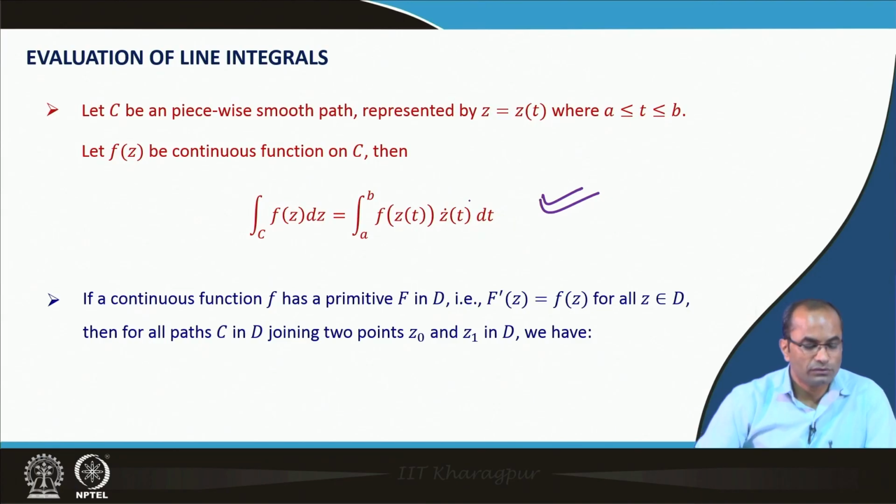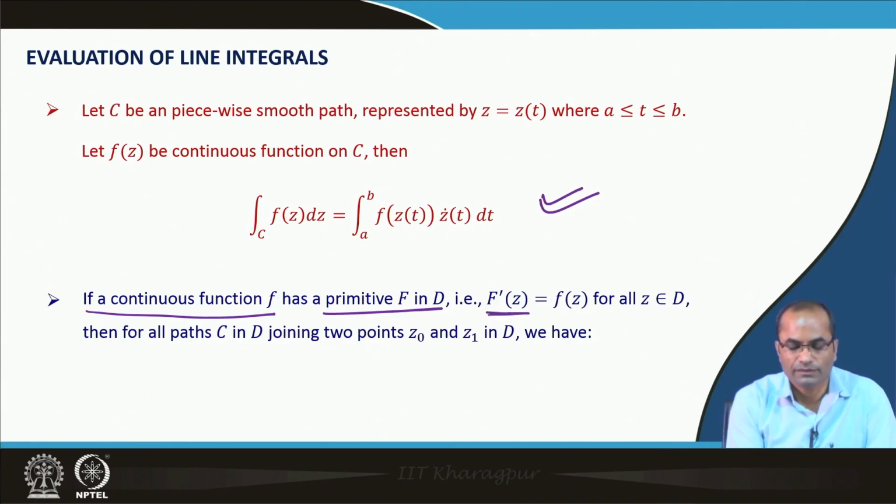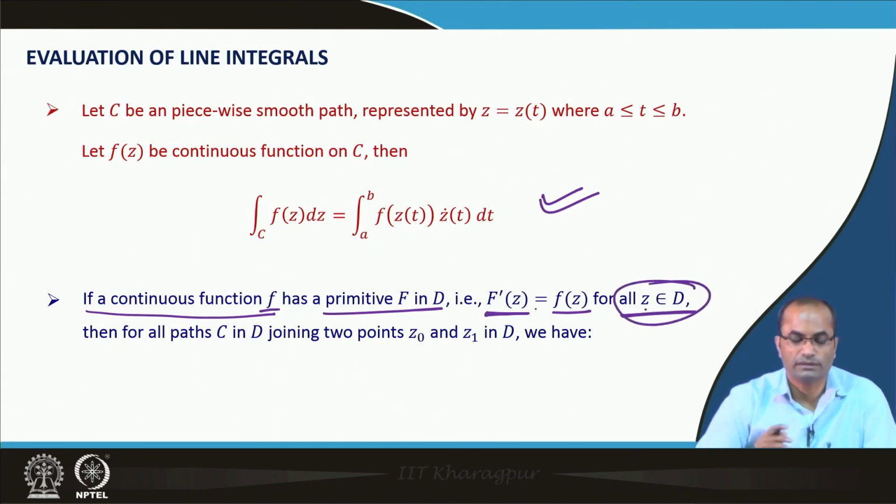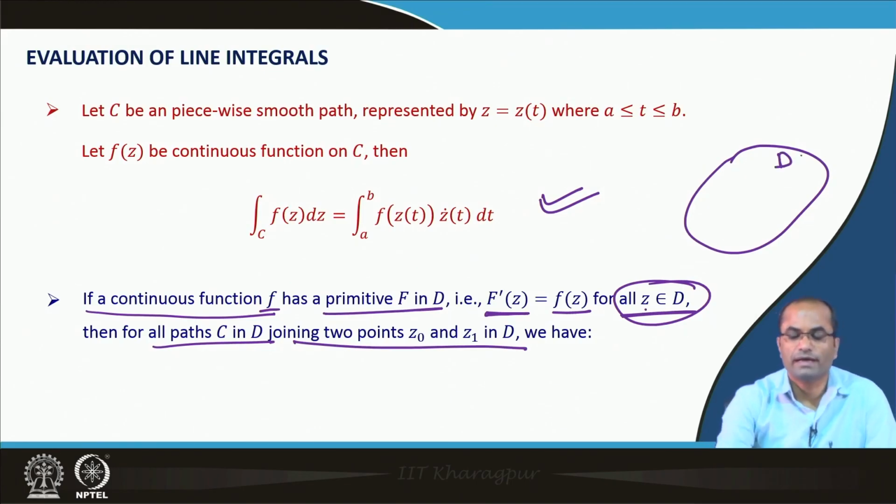So, coming to this, this is one approach which we can obviously use for evaluating these line integrals. The other is that if a continuous function f has a primitive, where primitive means the antiderivative, say F in D, that means there is a function whose derivative is exactly the given function f(z) for all z in D. This is important: in the whole domain we have this primitive, and then for any path C in this domain D which joins these two points, z0 and z1, which belong to D, we can take C1, C2, or any other path, C3.